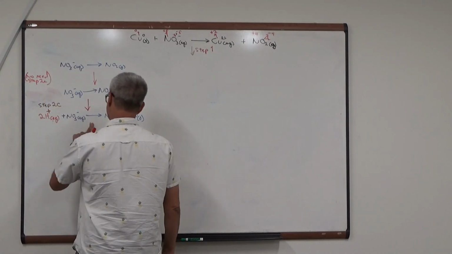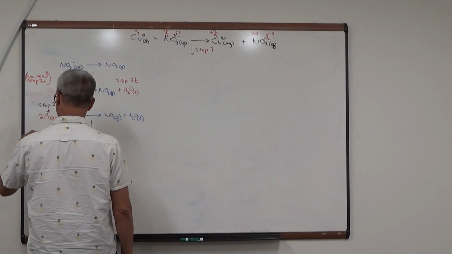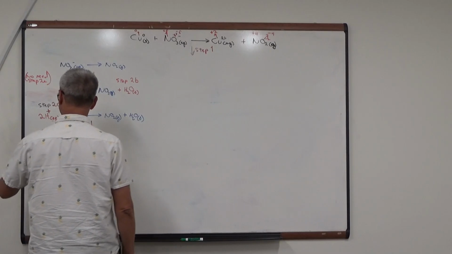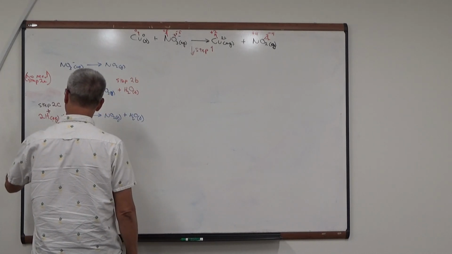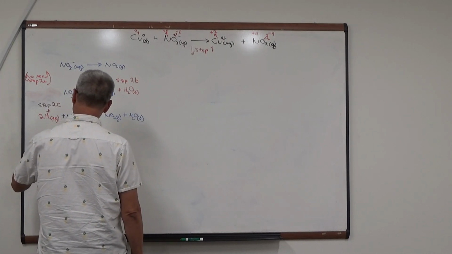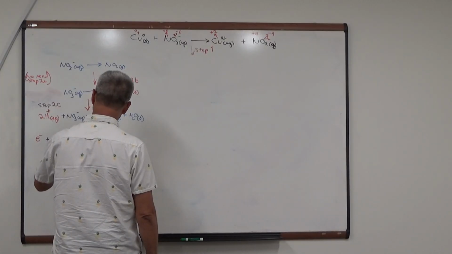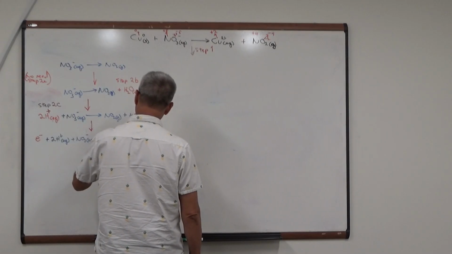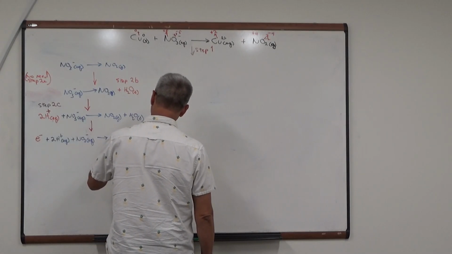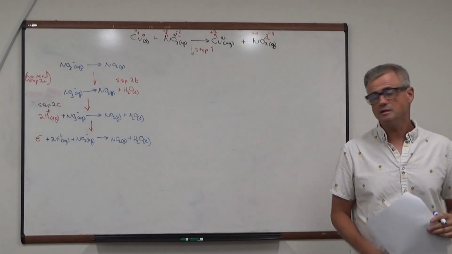So an electron plus 2H+ plus nitrate goes to nitrogen dioxide plus H2O liquid. Now that half reaction is balanced.